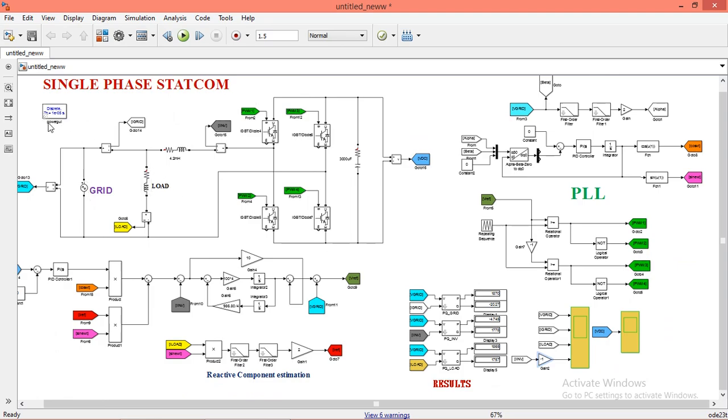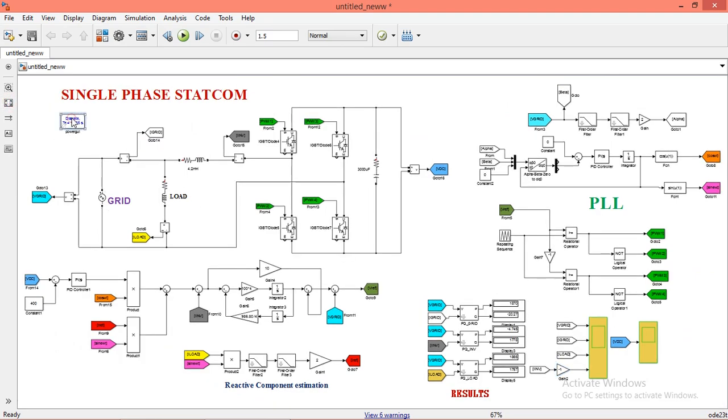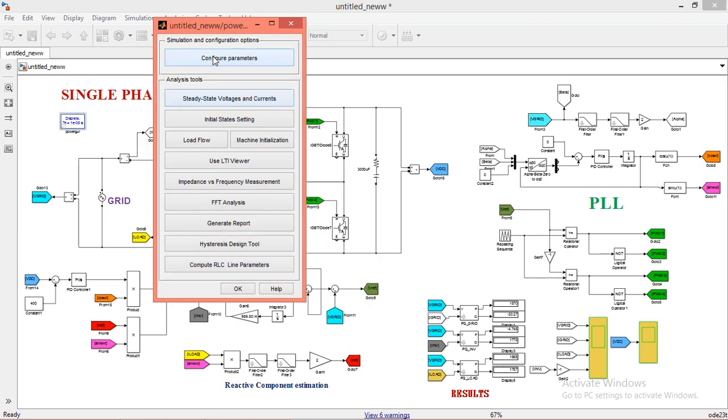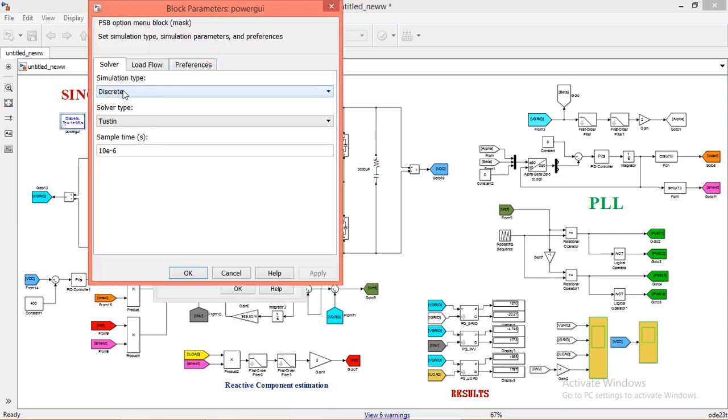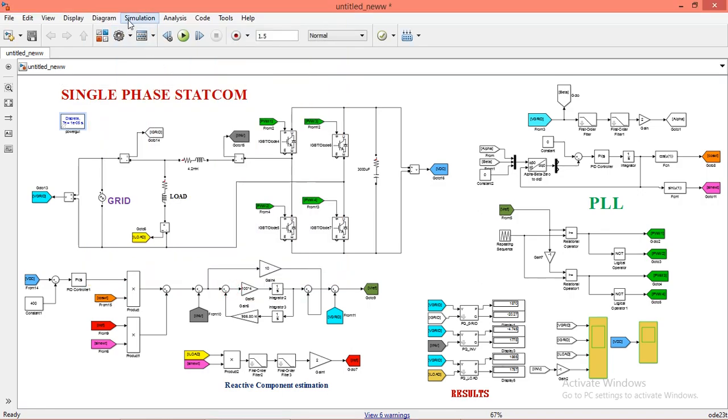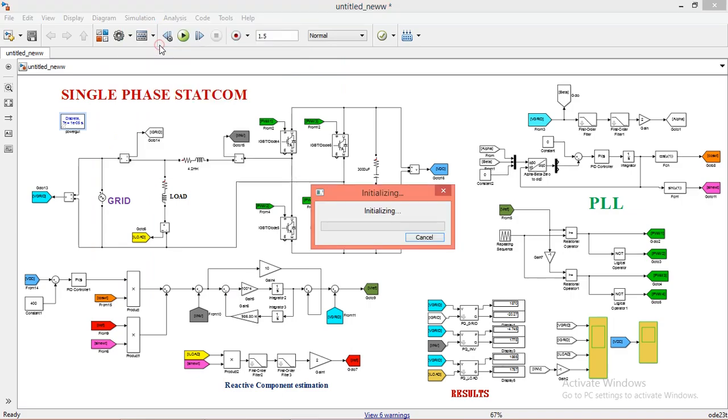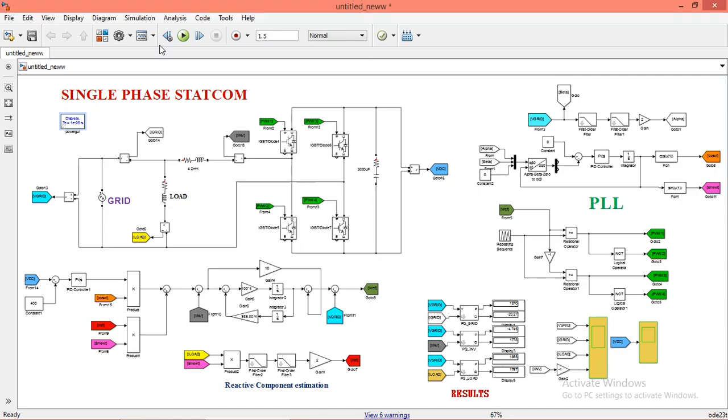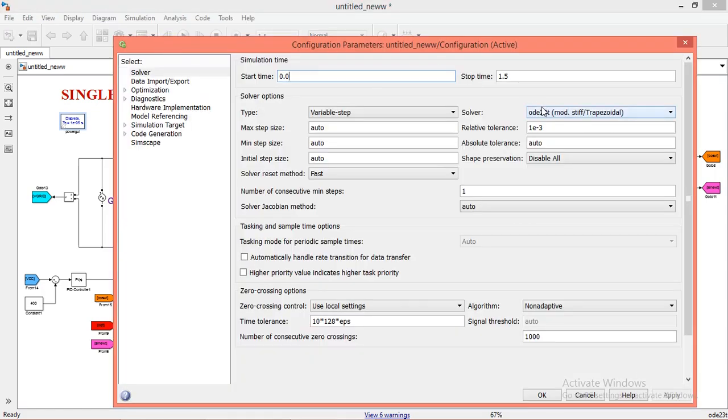Now this is the powergui block. Here I put discrete mode and sample time 10 microsecond. Then I'll show the simulation settings. I have put the solver type ode23tb. That's it, nothing else, you can keep it as it is.